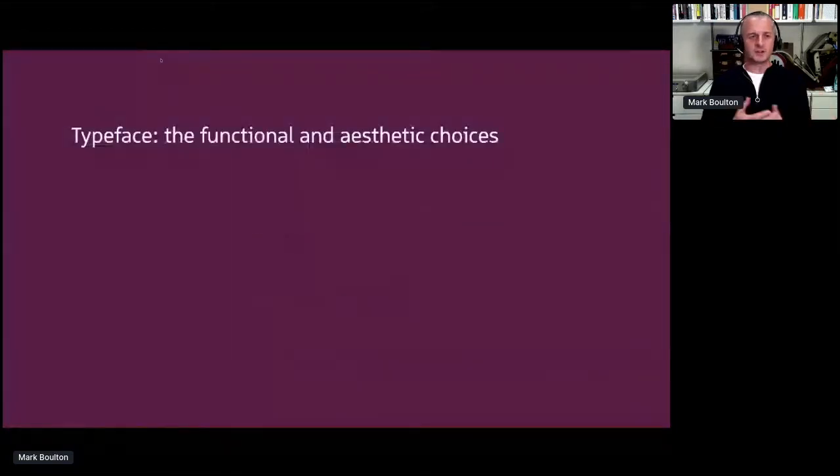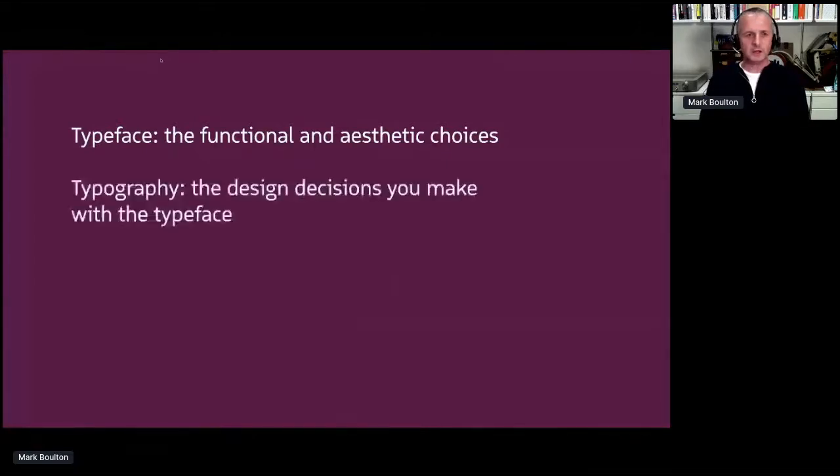So there are three things I think that we can think of. We can think of it in terms of three facets. The first is the typeface itself, and there are aesthetic choices, and generally most people think about typefaces in those terms, and generally those terms alone. But there are a lot of functional decisions that go into choosing the right typeface. That's specifically what I want to talk about today as well.